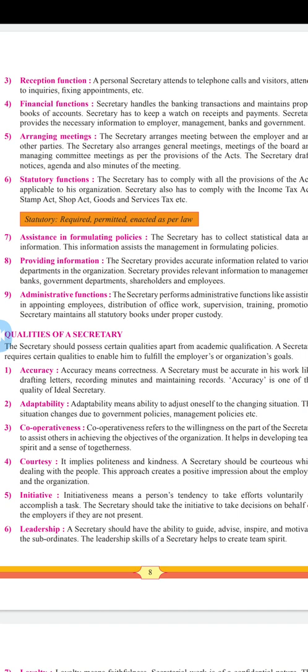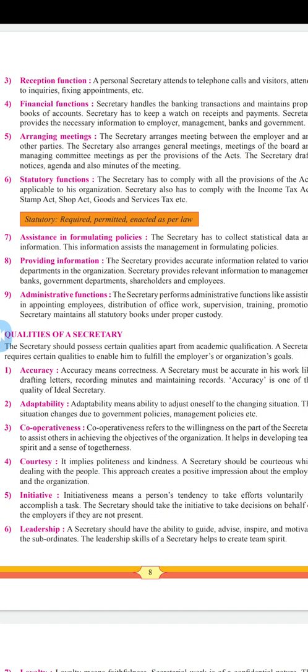Secretary maintains all statutory books under proper custody. That means he also maintains all the books related to this, and he also performs all the administrative duties. There are lots of administrative functions performed in the company, and with the help of secretary, all these functions become easier.